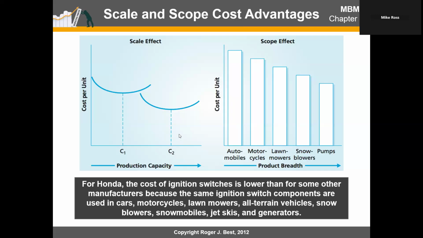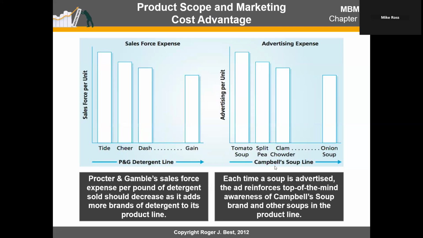Same scale effect with advertising. If I have multiple brands under one manufacturer, the advertising cost per unit goes down because the same manufacturer is able to advertise tomato soup, split pea soup, clam chowder, and onion soup.